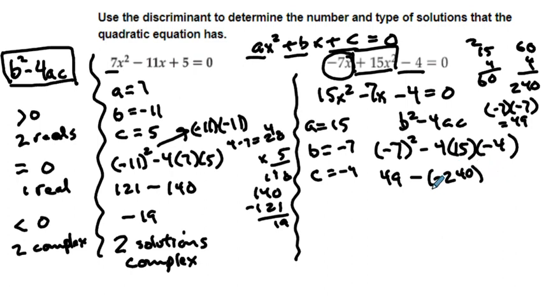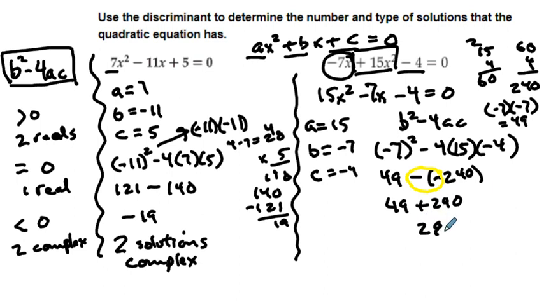This is where you have to really be on your A game with your signs and everything, and also just the general arithmetic and numbers of it. You got to be solid on that. So I have two negatives that are right next to each other. When that happens, that means we're going to have 49 plus 240 because they effectively cancel each other out.